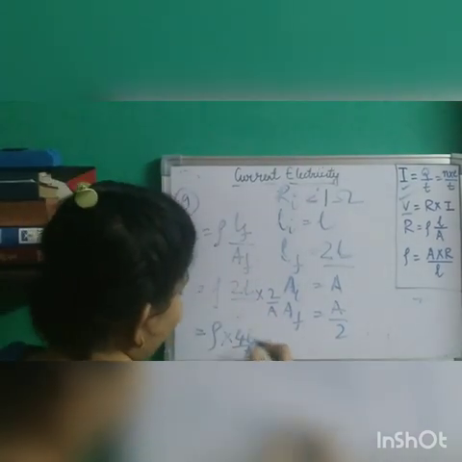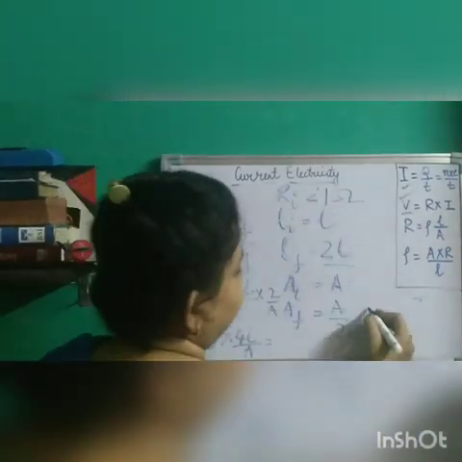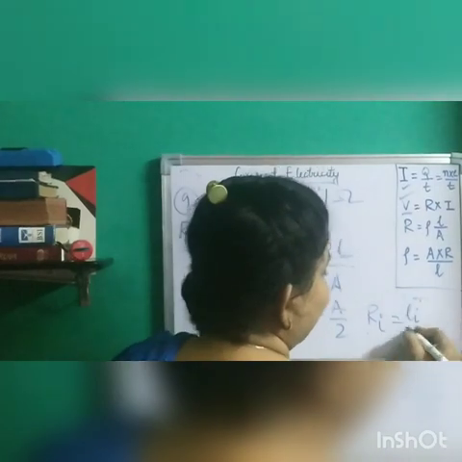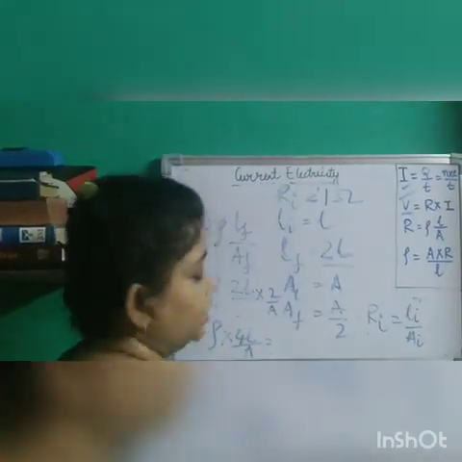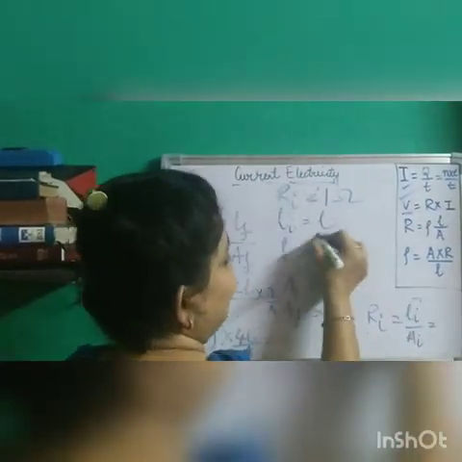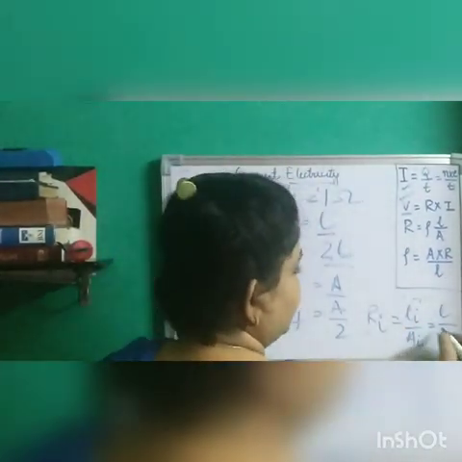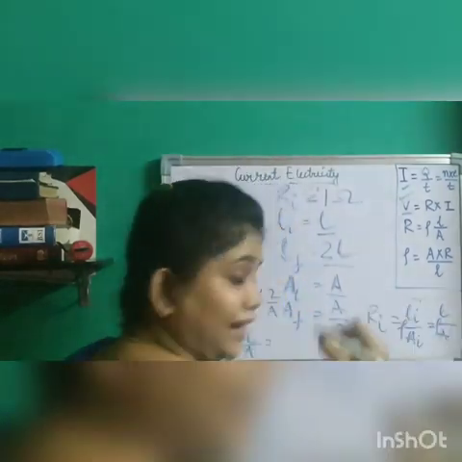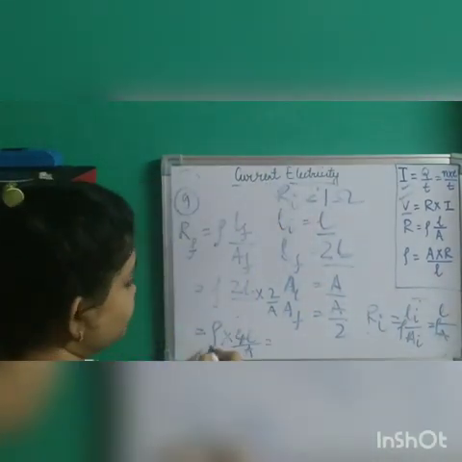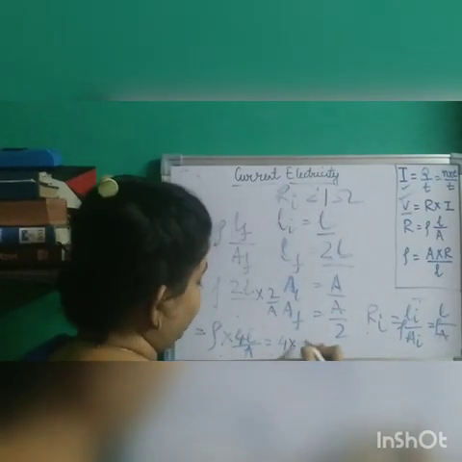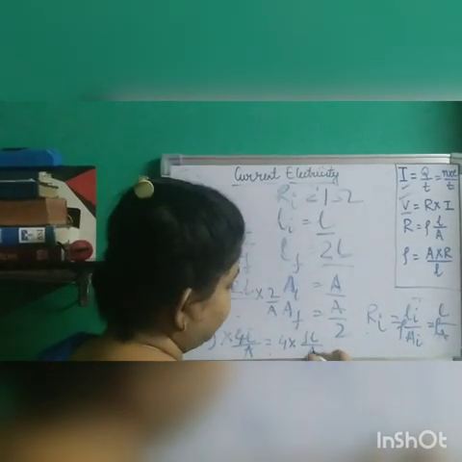Now see here students, if I first find Ri, the formula of Ri is rho Li by Ai. Li is nothing but L, and Ai is nothing but A. So it is rho L by A. Now we have got rho into 4 L by A, so can I write it as 4 into rho L by A?